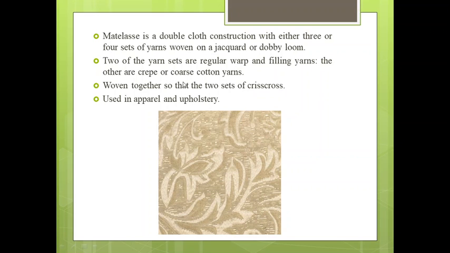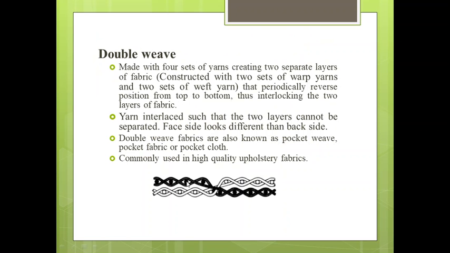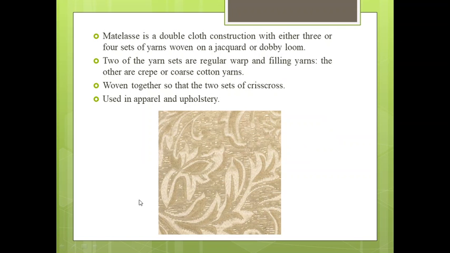So only in one set of yarn here in this matelassé we are using crepe or coarse cotton yarn to give it a different effect. So woven together so that the two sets crisscross, just like it is shown, and this is used in apparel and upholstery.